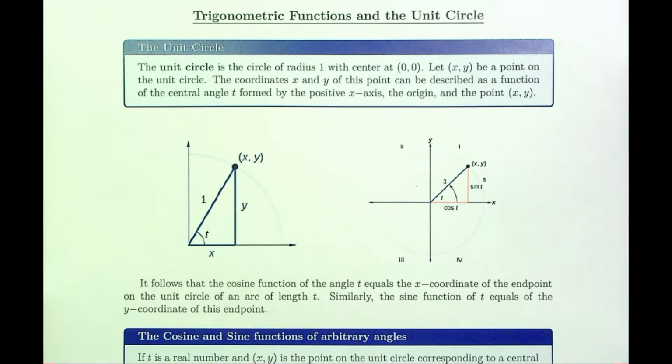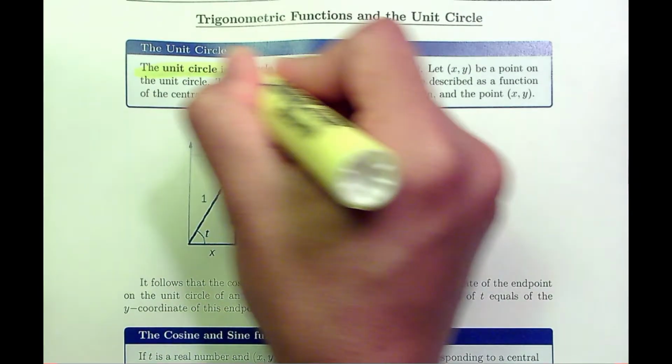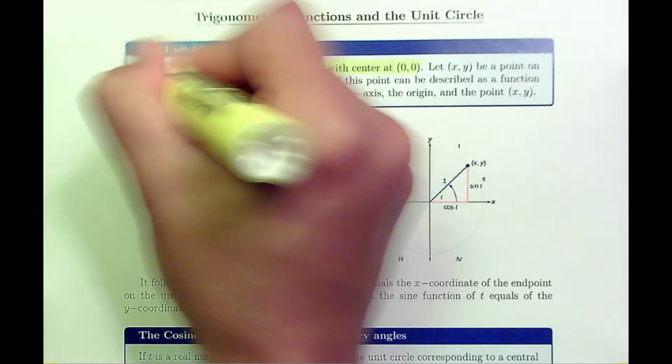So what is the unit circle? The unit circle is just a circle of radius 1 that has center at the origin, 0, 0.